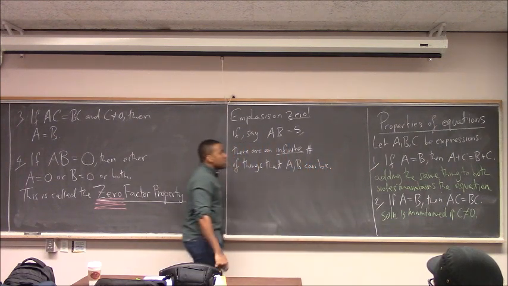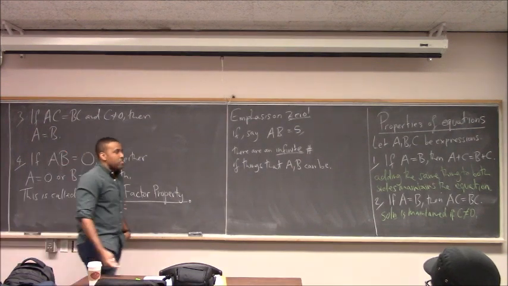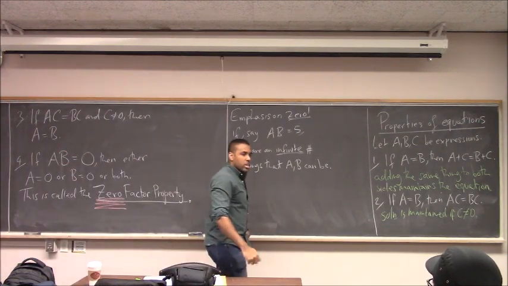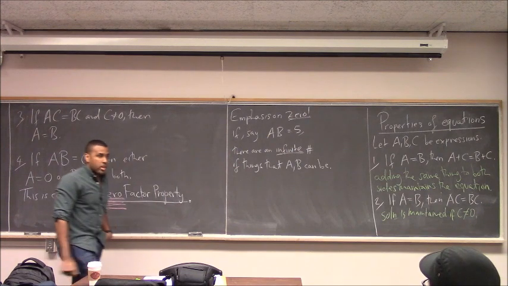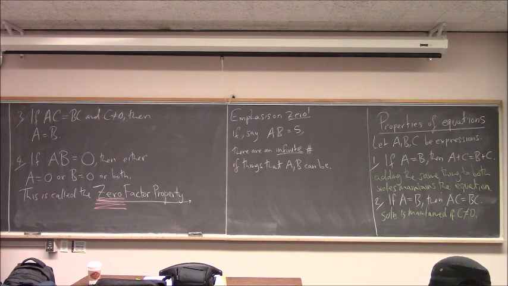Pick B to be any number and pick A to be that number divided by 5. There's an infinite number of such pairs that you can create, and they will all satisfy that equation. The other one where you can say it has to be this or that, or both, and say that for sure, is if there's a 0 on that side. This is called the zero factor property.